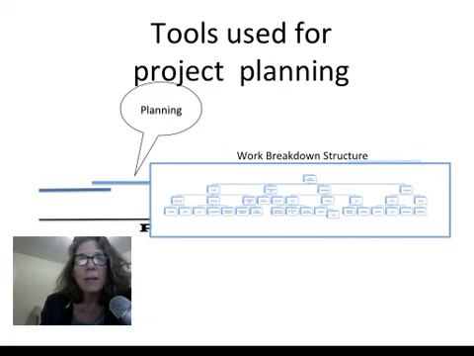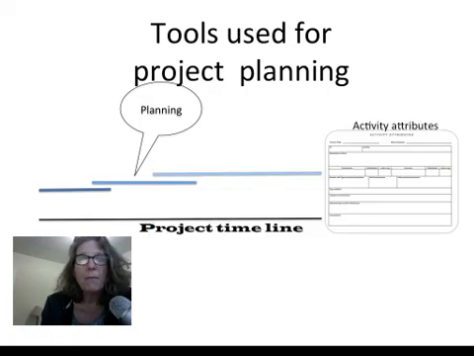And so for each of those activities, after you've done a work breakdown structure, you have some sort of activity attributes. This has to do with how long it's going to take, maybe the precedence, like one has to come before the other. It also has some information about cost and responsibility. So those all need to be defined.